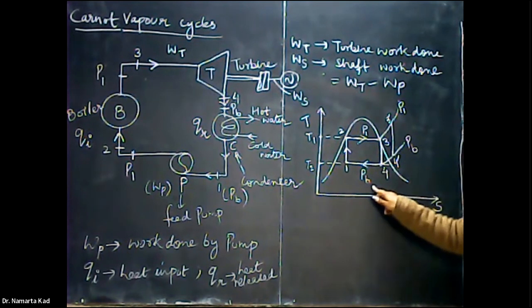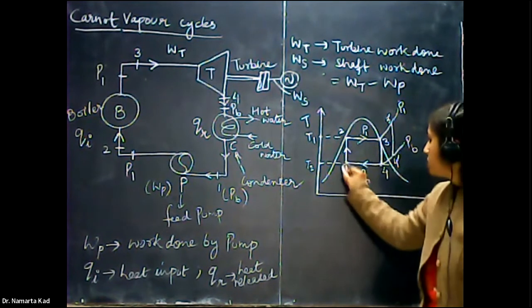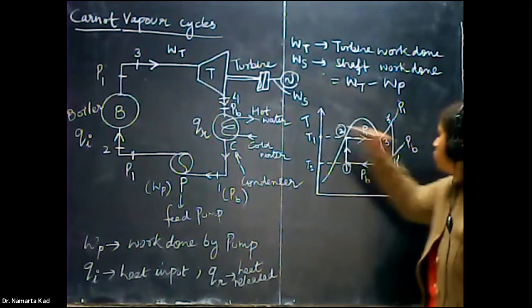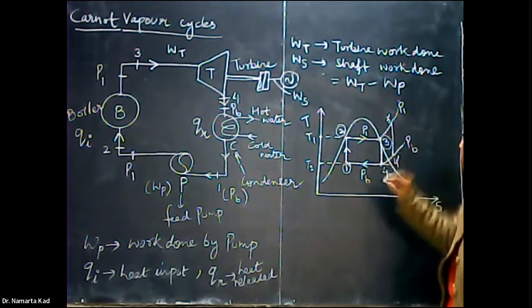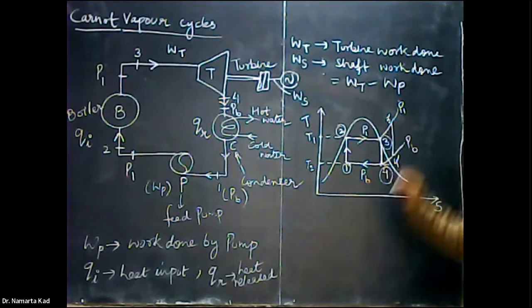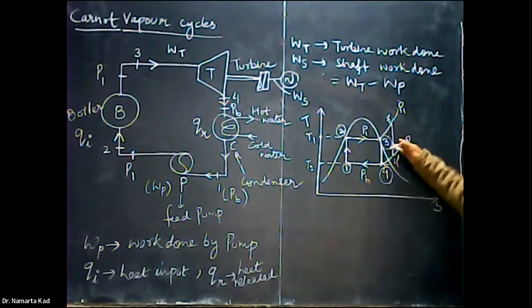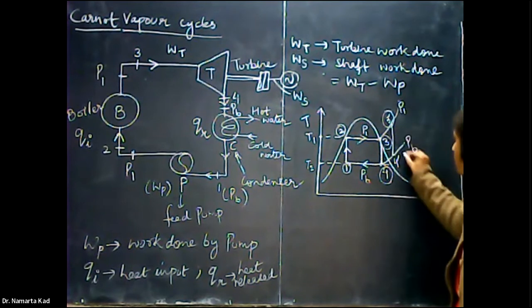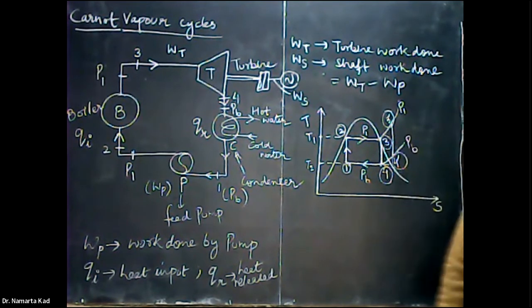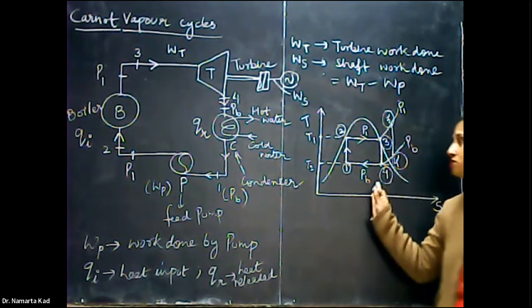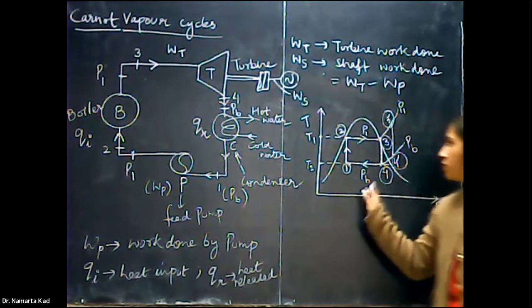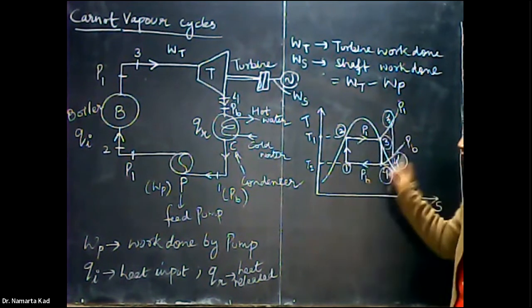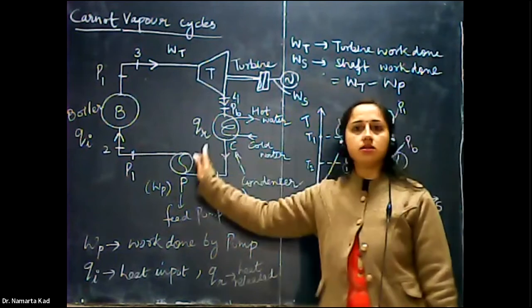Now these are the different stages: stage 1, stage 2, stage 3 and stage 4. And sometimes apart from 3 and 4, we have achieved stage 3 dash and 4 dash also for the different conditions of steam. And what is this 1, 2, 3, 4? These are also mentioned here in this figure.